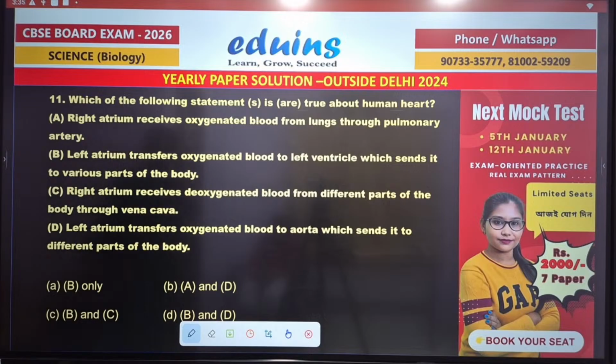B: Left atrium transfers oxygenated blood to the left ventricle, which sends it to various parts of the body. C: Right atrium receives deoxygenated blood from the different parts of the body through the vena cava, and left atrium transfers oxygenated blood to the aorta, which sends it to different parts of the body.